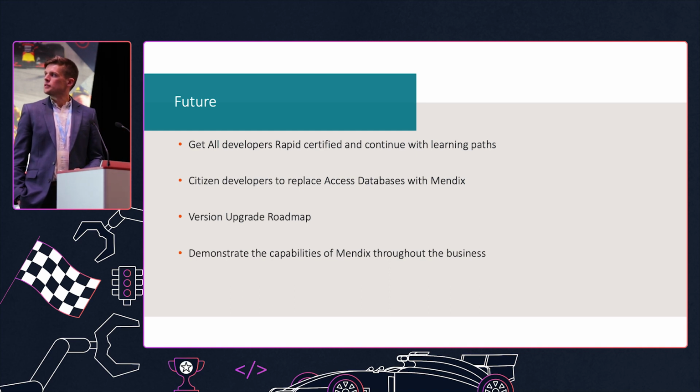And then finally, demonstrate the capabilities of Mendix throughout the business. I touched on that a bit in the organisational footprint. We want to make sure we're targeting those areas of the business that don't necessarily know about Mendix or about the capability we can offer them. We'll do some road shows and take the tool to them, show the benefits, and hopefully get them using it. So that's all we've got.